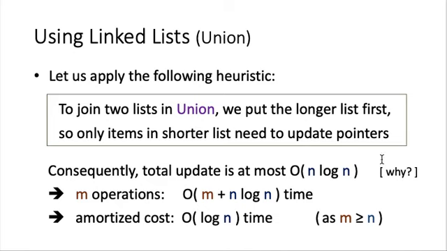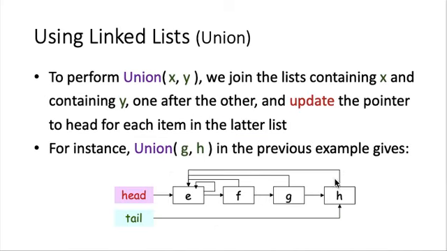The reason is that each item, when it performs the head pointer update, is going to be located in a set that is more than or equal to double its original set. So for instance, take H and EFG.